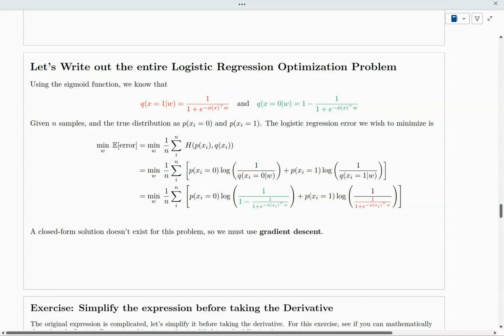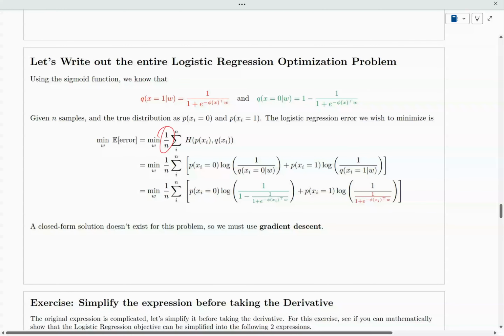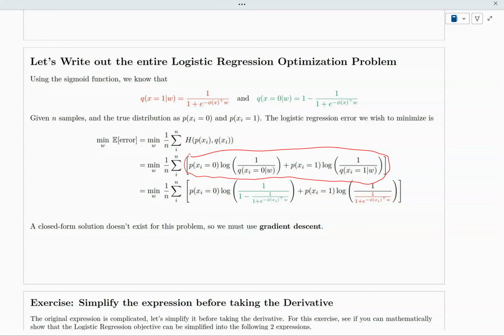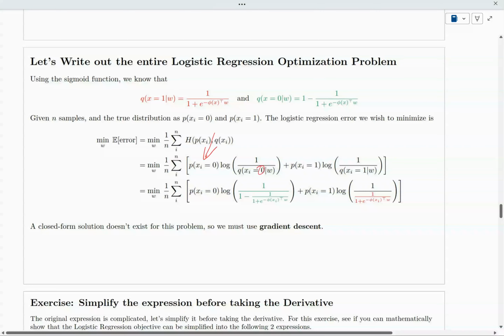Remember, we're trying to find the w that minimizes the average error, right? The expected error. So that equation is 1 over n times the cross entropy, so it's the average cross entropy. So we write the equation for the cross entropy out. There are only two cases: the probability that x equals 0, and the probability that x equals 1.